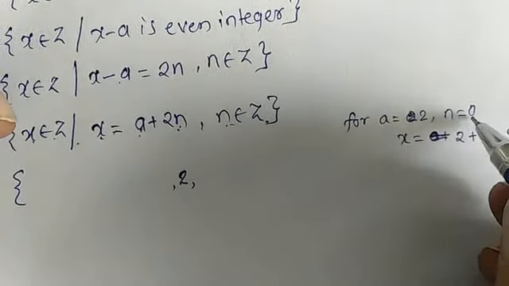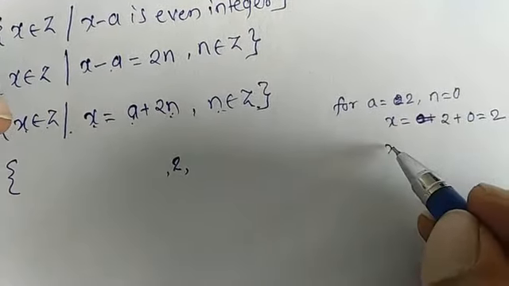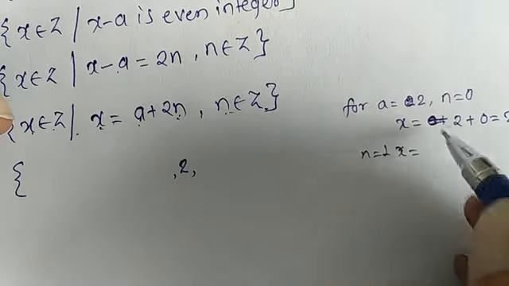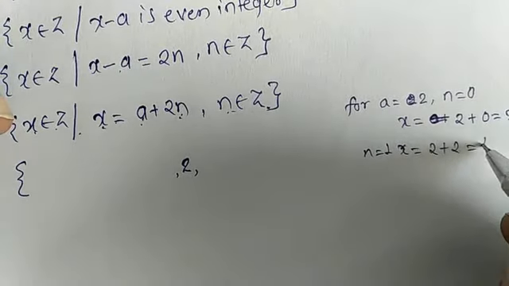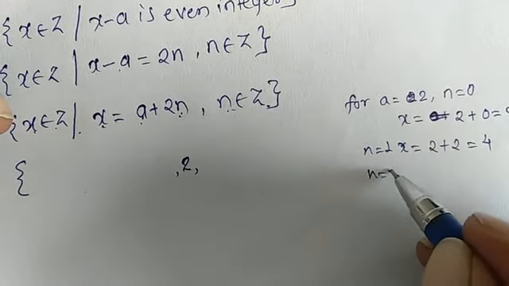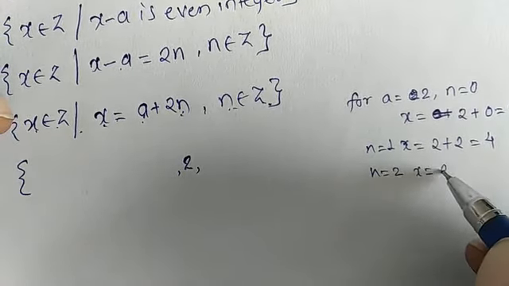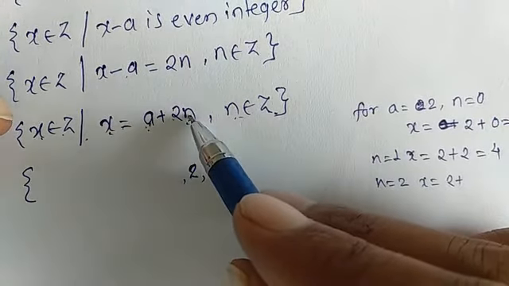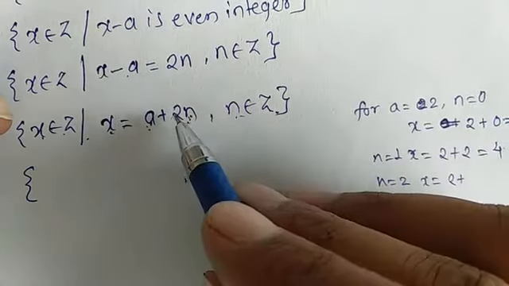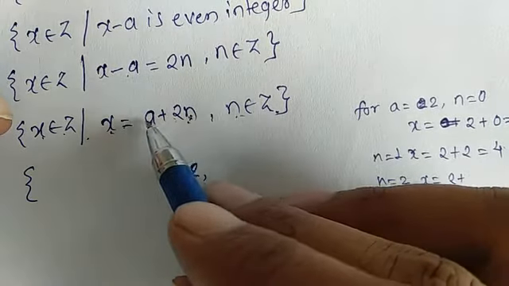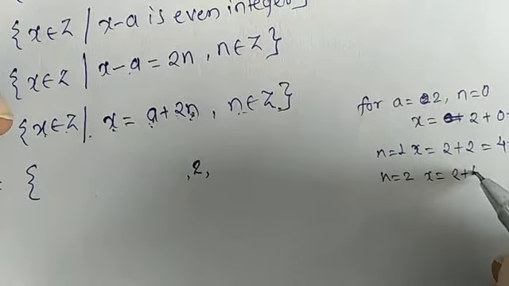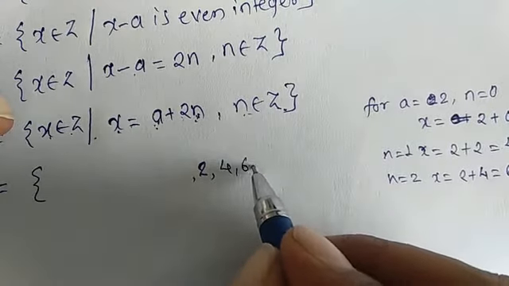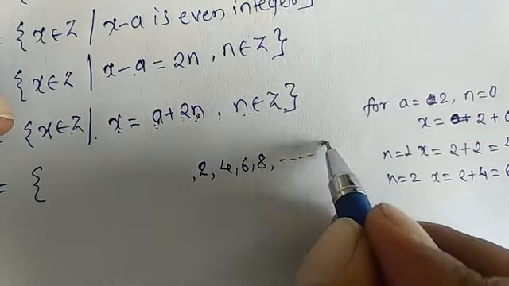For n is equal to 1, x is equal to 2 plus 2, which is 4. For n is equal to 2, x is 2 plus 2 into 2, which is 2 plus 4, equal to 6. So here it will be 2, 4, 6, after that 8 and so on.